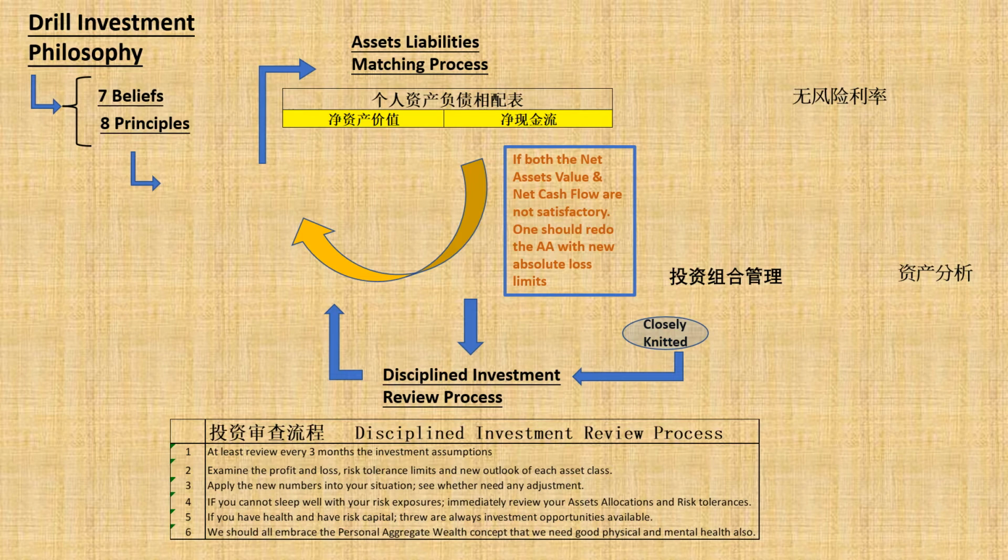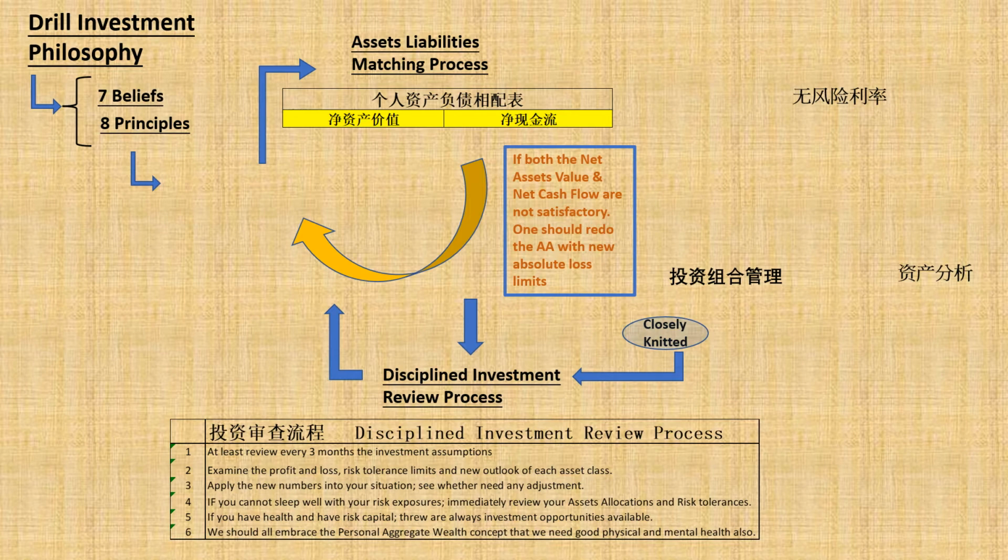You have to review it at least every 3 months: the investment assumptions, the profit and loss, the risk tolerance limits, and the outlook of the asset class. If you have new numbers applied to your situation, see whether you need any adjustment. If you cannot sleep well, definitely you need to immediately review your asset allocation and the extent of your risk tolerance.